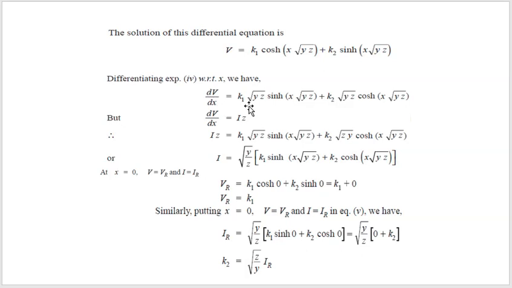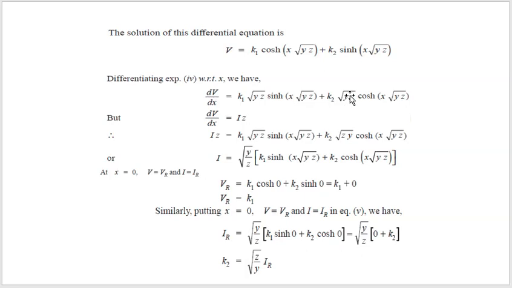Now we get K1 into √(yz), where yz is acting as a constant. Now the derivative of cosh will be sinh, and the derivative of this theta will be √(yz), where the derivative of x with respect to x will be 1.